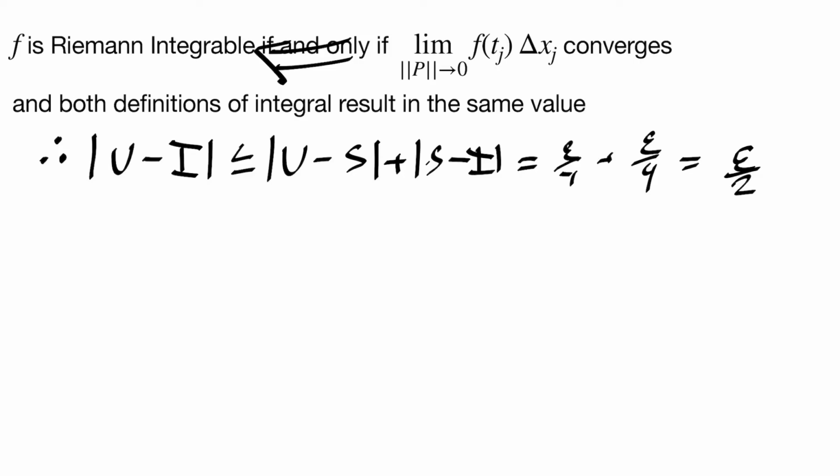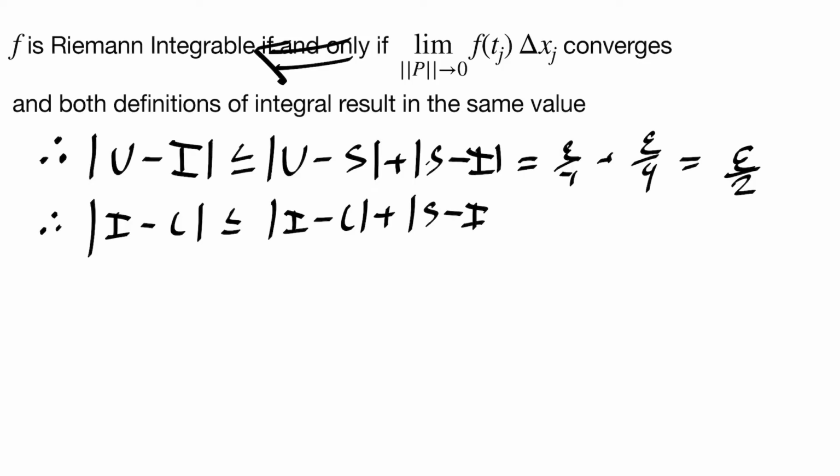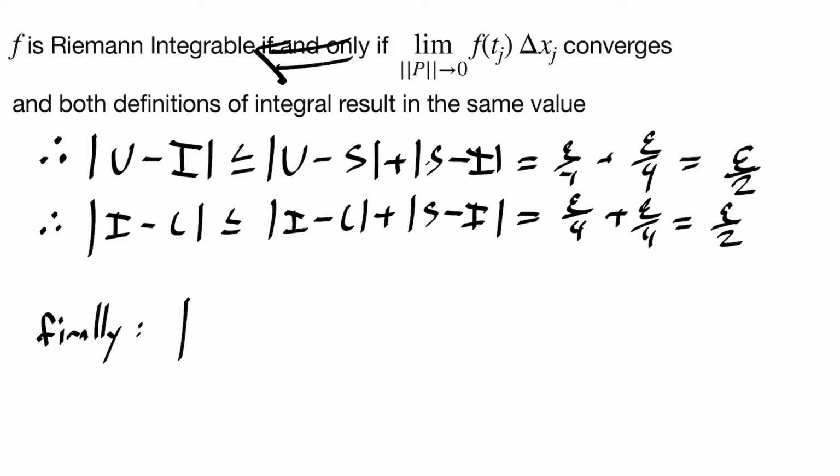So my U is within epsilon over 2 of that integral value that comes from that summing, because I know U is very close to S, and then S is very close to that integral value. Okay, and also I can do the same thing for L. So let's go: I minus L is less than or equal to I minus S plus S minus L, and that is epsilon over 4 plus epsilon over 4, which is epsilon over 2.